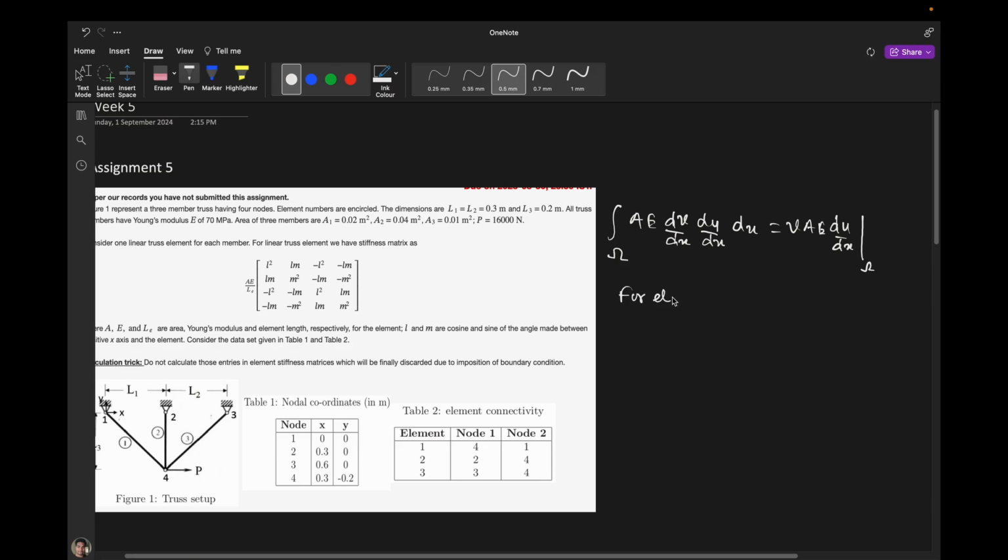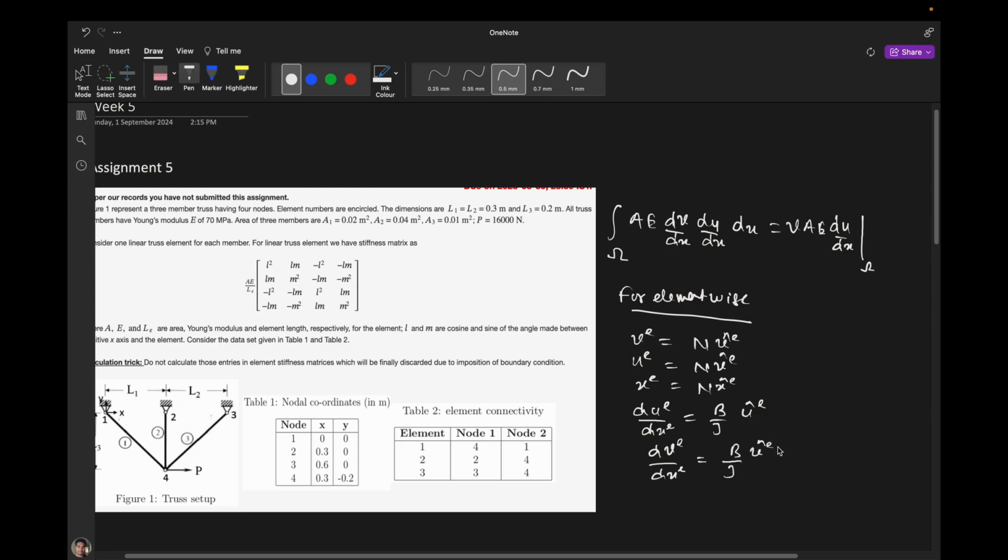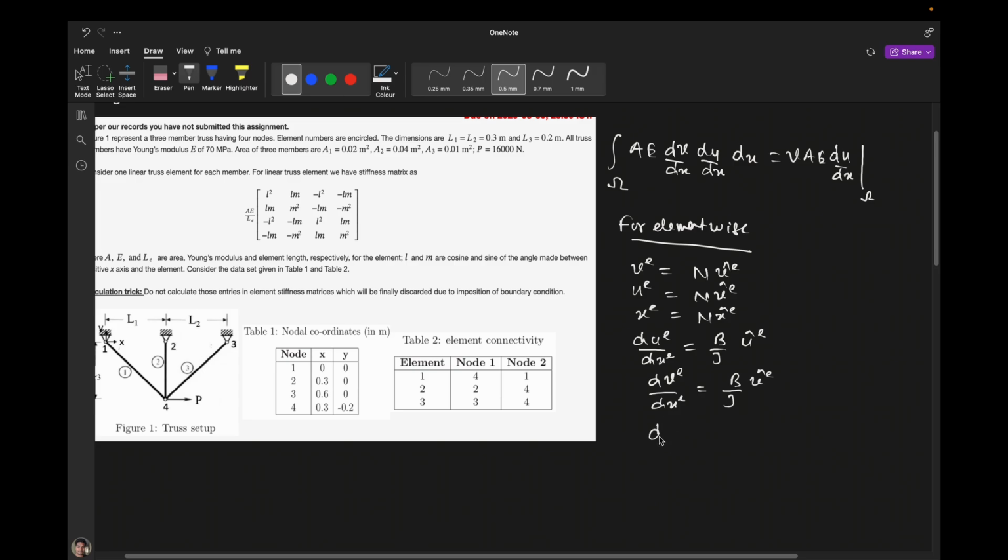we already saw that VE can be written as N V hat E, UE can be written the same way as N U hat E, and xE is N x hat E. And duE/dxE can be written as B by J times U hat E, and similarly dVE/dxE can also be written as B by J times V hat E. Okay, and dx can be written as the Jacobian times d zeta.